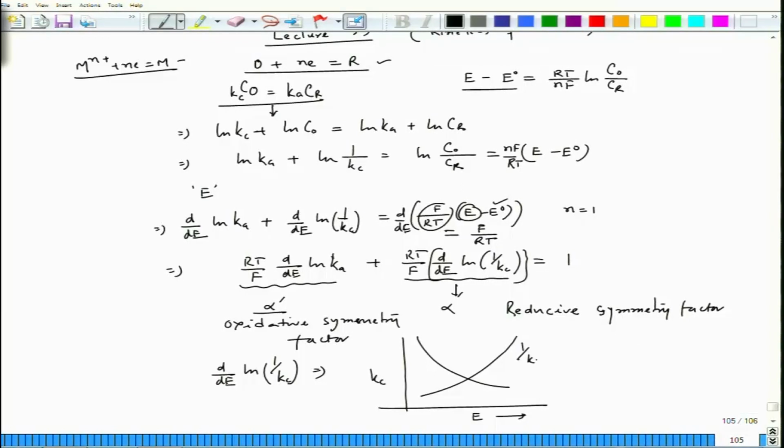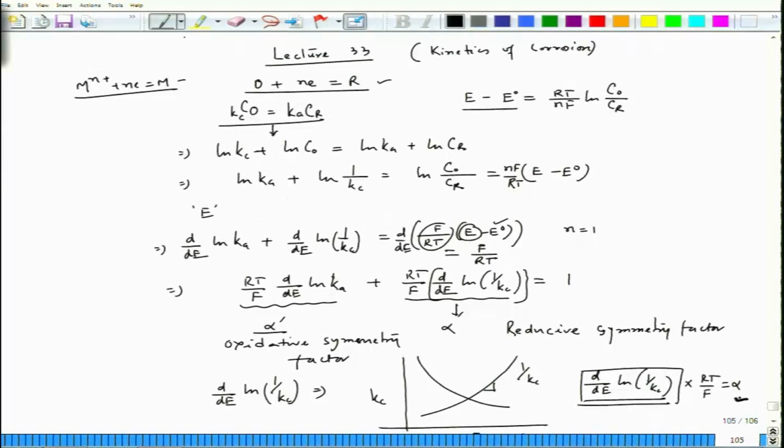So for 1 by K_C, the slope at that point is d by dE ln 1 by K_C. If we take the log of this and plot again, taking the logarithm of 1 by K_C and differentiating with respect to E, then this quantity with the multiplication factor RT by F is nothing but alpha, the reductive symmetry factor.